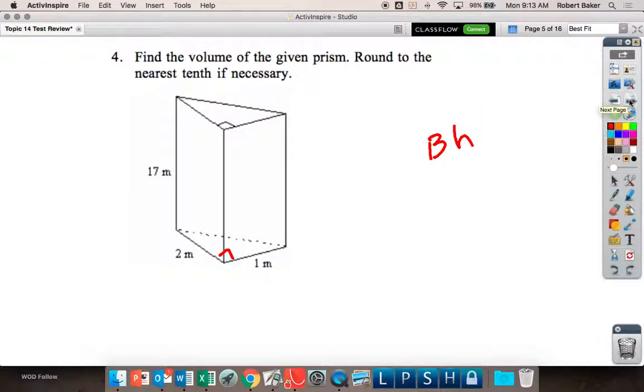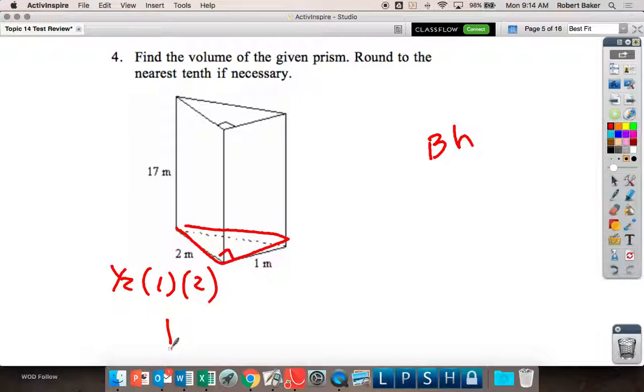Find the volume of this prism. Again, this is just the area of the base times the height. So I have to calculate the area of the base for this triangle. To calculate the area of a triangle, it is 1/2 the base times the height. So you have to do 1/2 of 1 times 2, and that is 1.